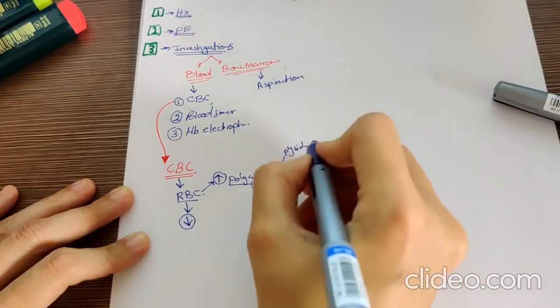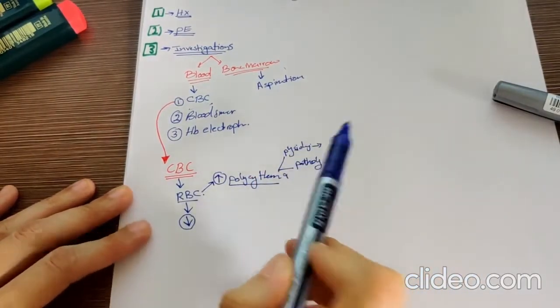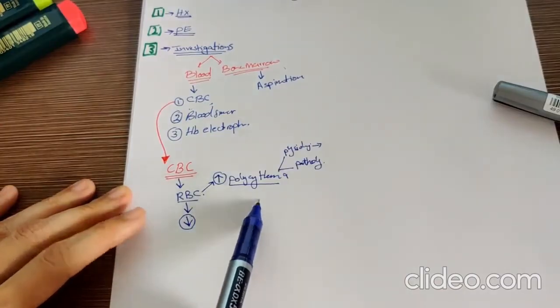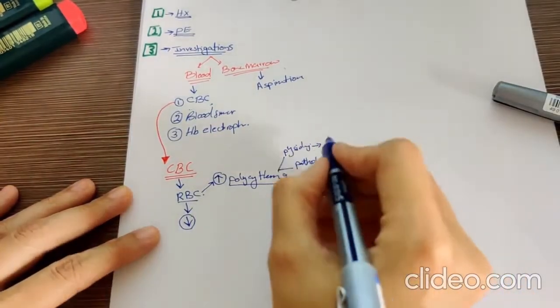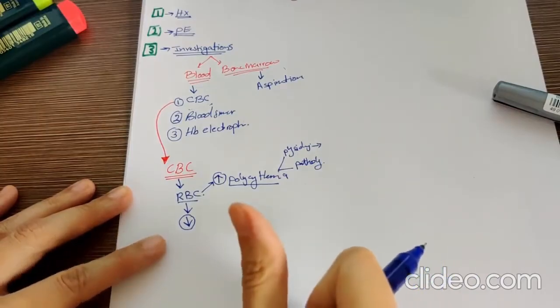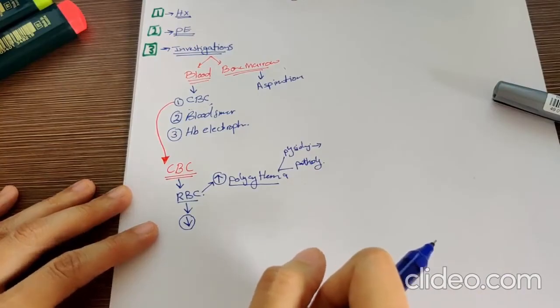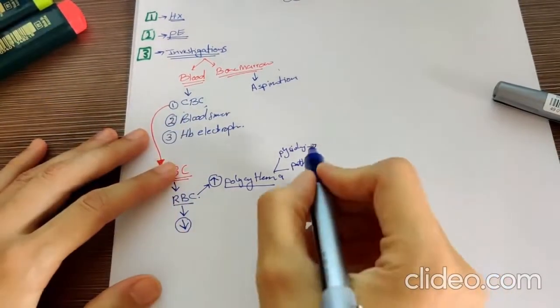Physiological like what? Physiological things that lead to a high number of RBCs, like smoking, meaning the patient is a smoker, okay? Or people who live in a high altitude area, okay?